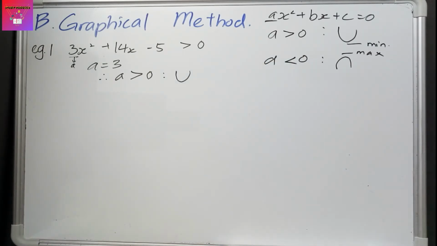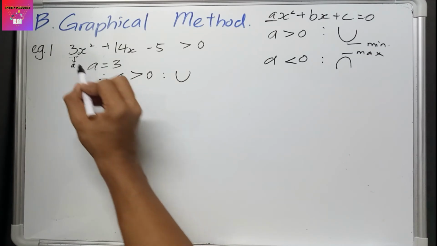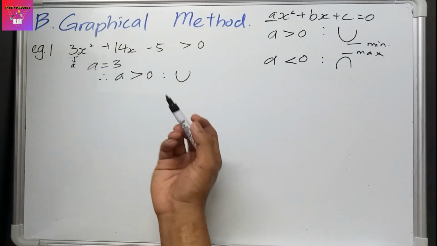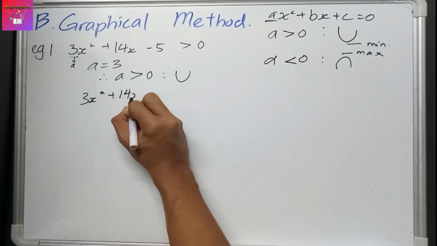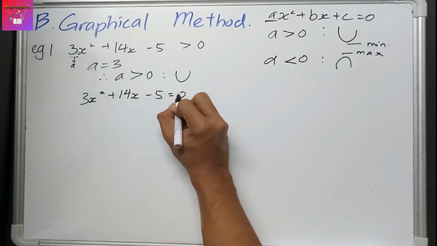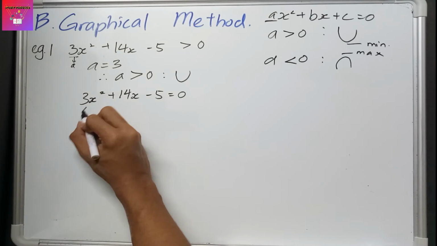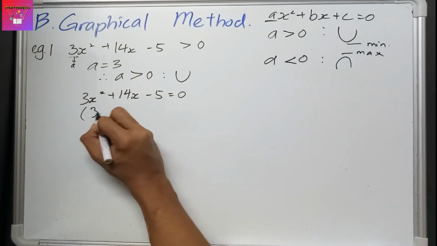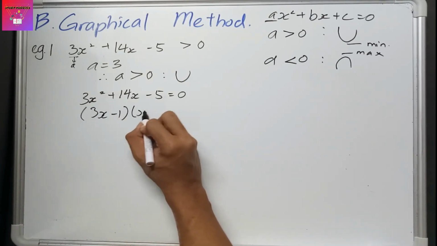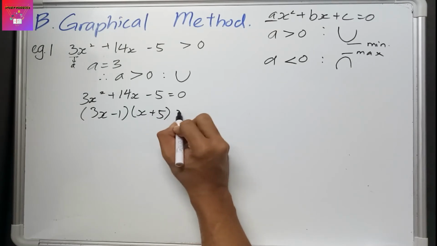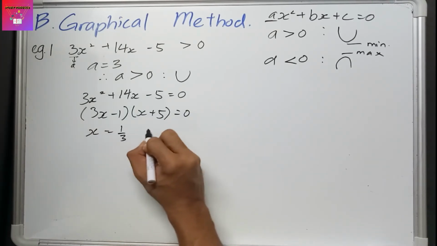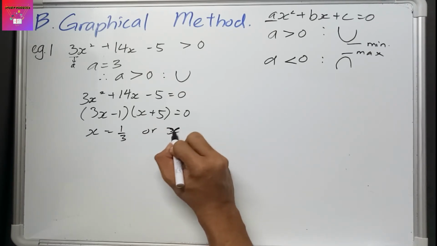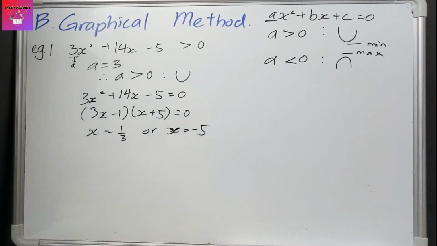Okay, so what you're going to do now, you're going to find out the roots of this equation. So 3x squared plus 14x minus 5 is equal to 0, and therefore you're going to get 3x minus 1 and x plus 5 equal to 0, and therefore your answer is x equals 1 over 3 or x equals -5.